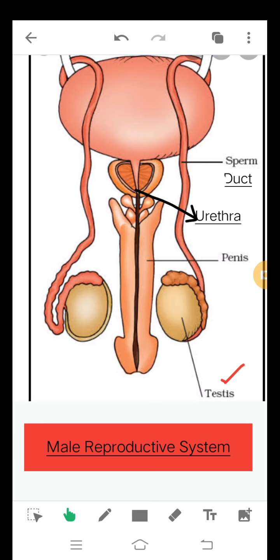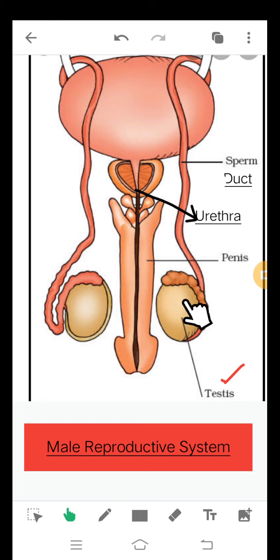Now, sperms are produced in the testes. From here, the sperms are carried further through this tube which is called the sperm duct. From both the testes, the sperm duct carries the sperms further, and at a time a number of sperms are produced by the testes.